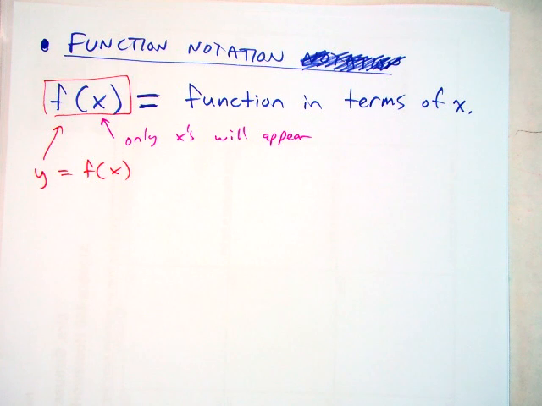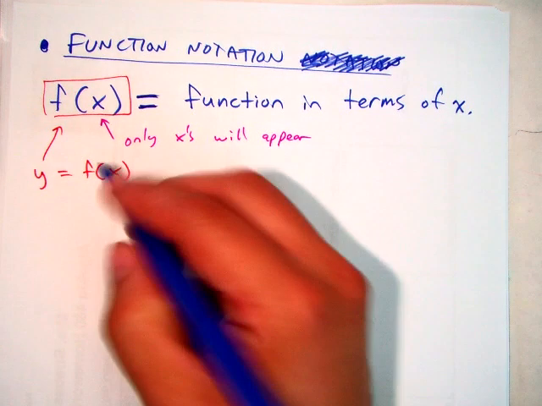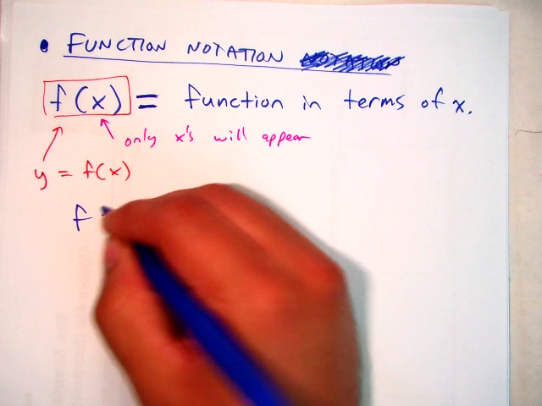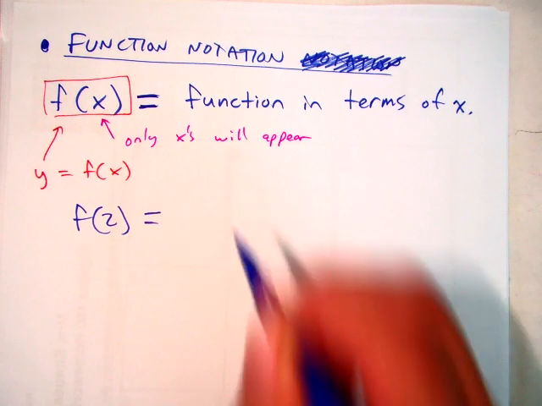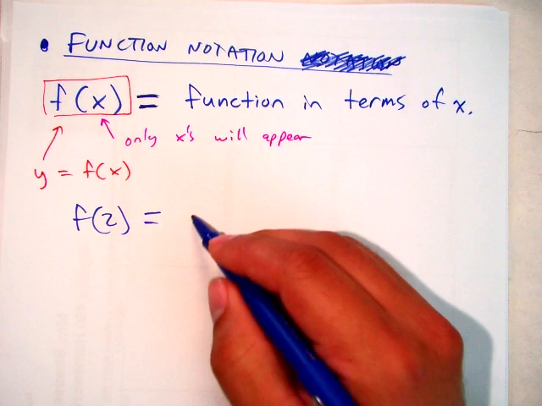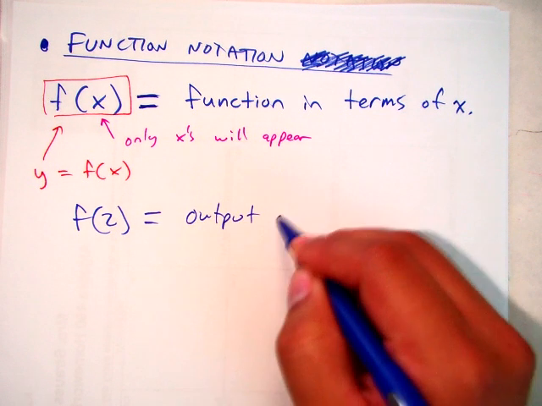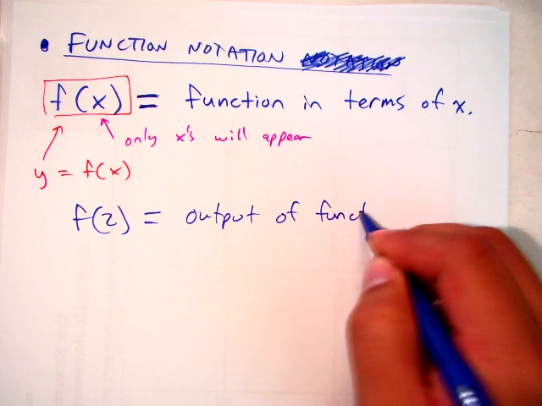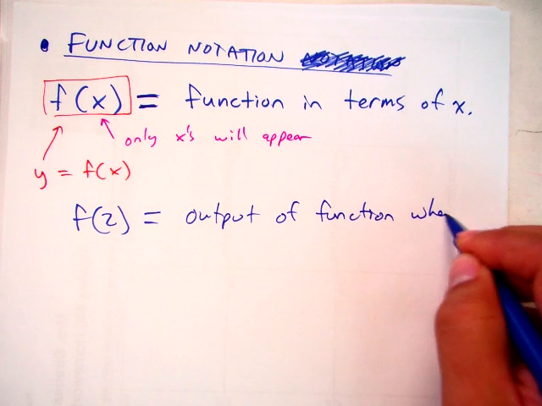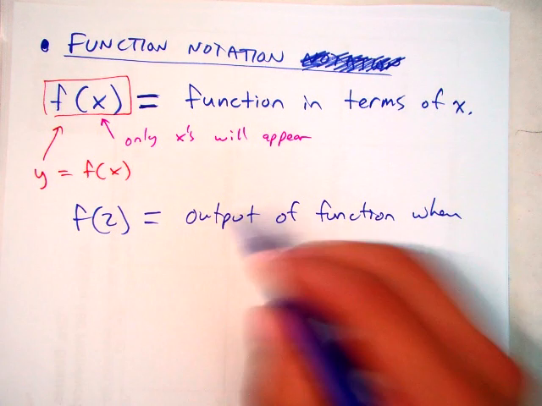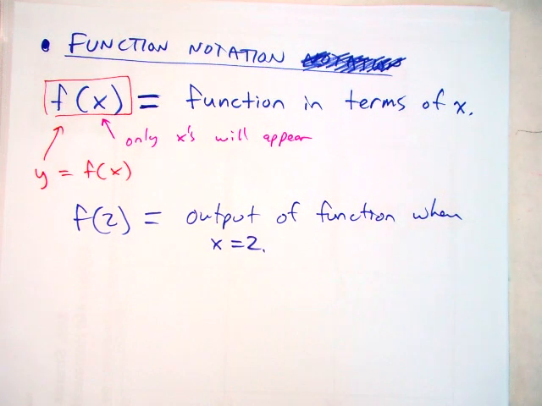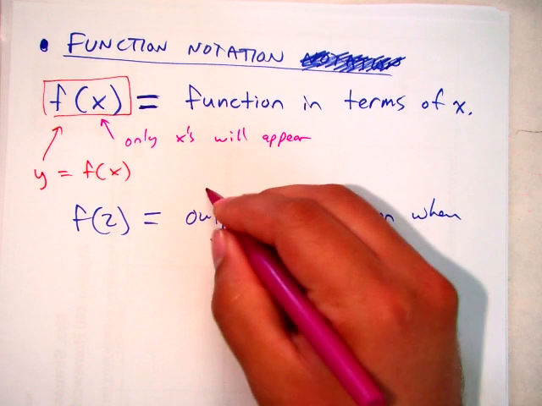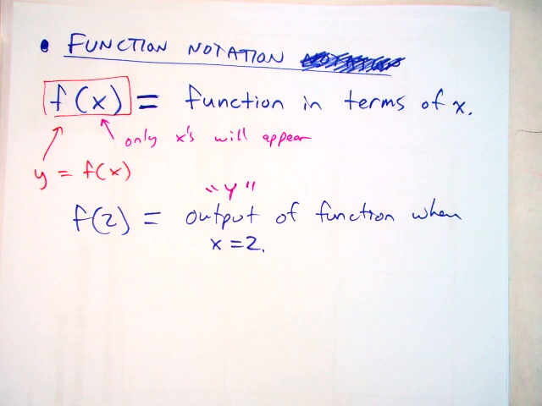So if I asked you f(2), what does that stand for? It stands for the output of the function when x is 2. In other words, it is the y value when x is 2.